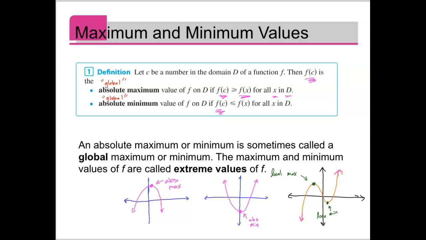And what we mean is local to the points nearby. So if I just look at the points surrounding that point, yeah, that's a type of maximum, right? If I just look at the points surrounding this point, that's a type of minimum. It's just not absolute, it's local.